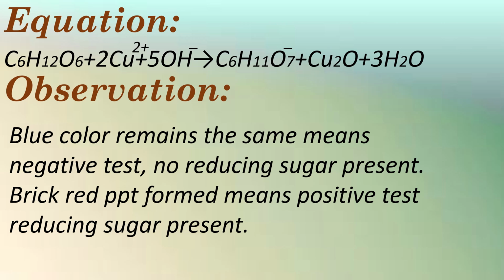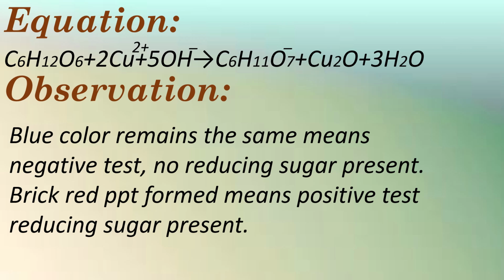This anion is a carboxylate ion, plus Cu2O, that is copper(I) oxide, plus 3 water molecules. So in this reaction, glucose is oxidized to the carboxylate ion and copper(II) is reduced to copper(I) oxide.